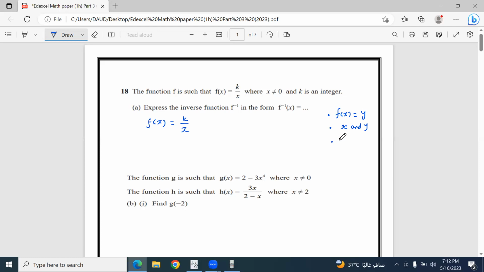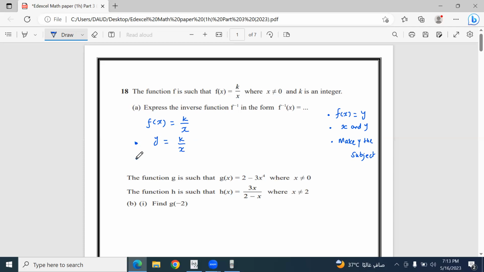And the third step, make y the subject. So the first step is function f of x is y, which is equal to k over x.